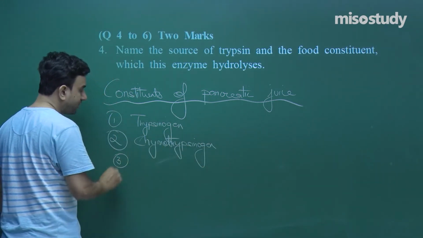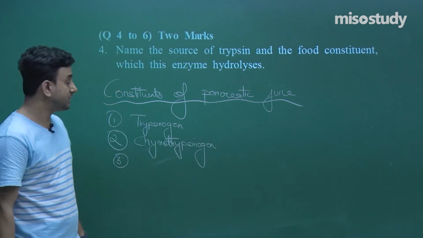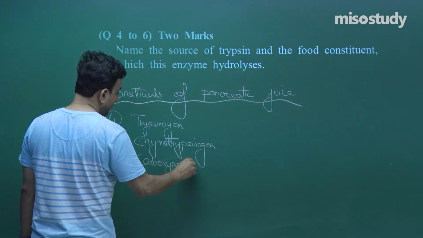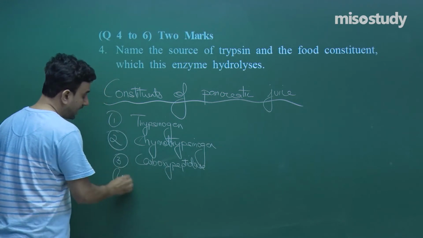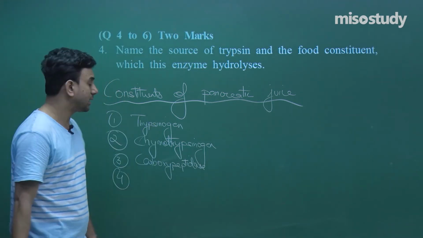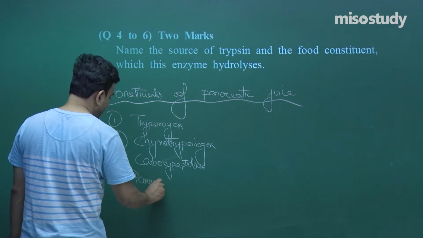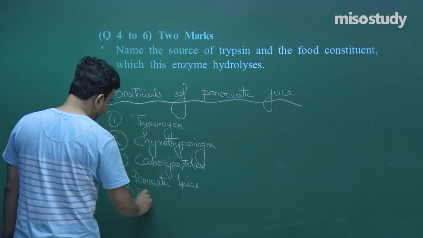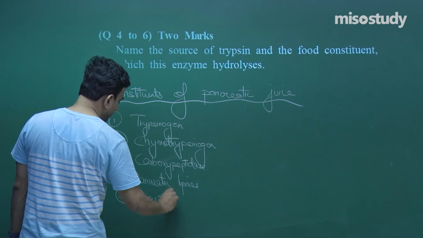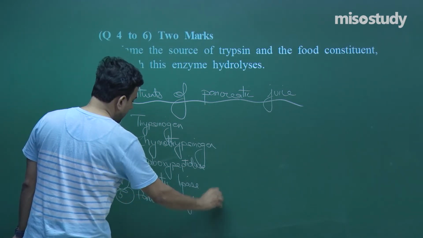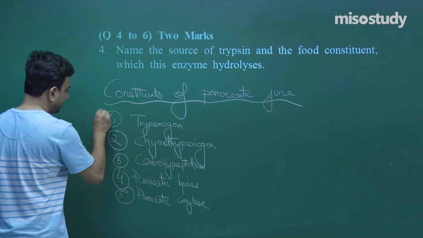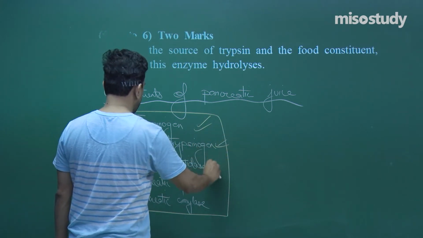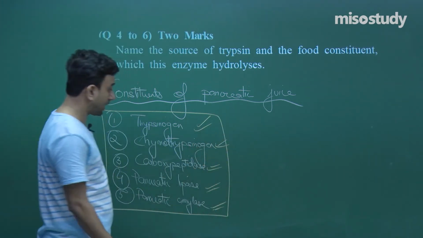The third one is carboxypeptidase. Then pancreatic amylase and pancreatic lipase. All these are enzymes. Wonderful.